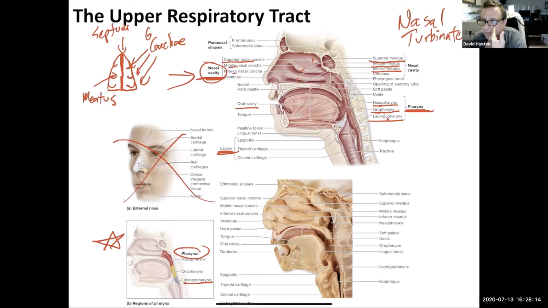And as air comes in through these channels, there's a lot of capillaries, so the air gets warmed up and humidity gets added to the air. So when you breathe in through your nose, the air is humidified and made warm, which is perfect for going down into your lungs.